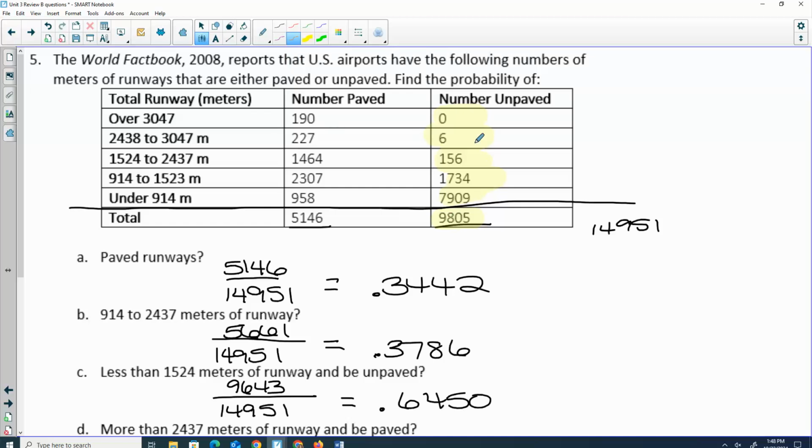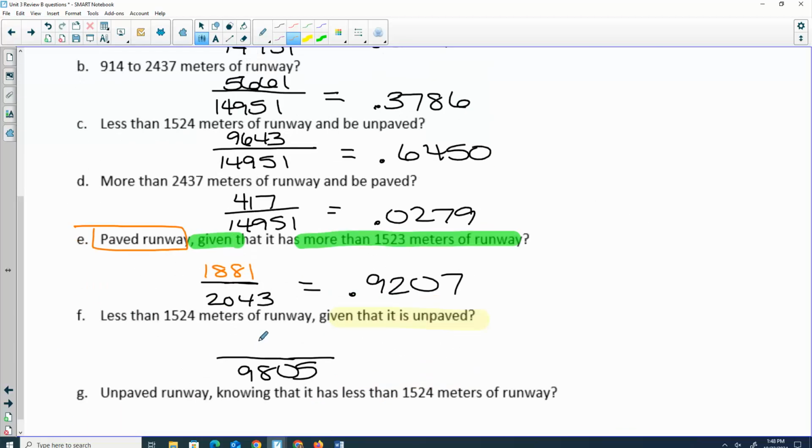Less than 1524 would be these two numbers. So we get, and we get 0.9835.